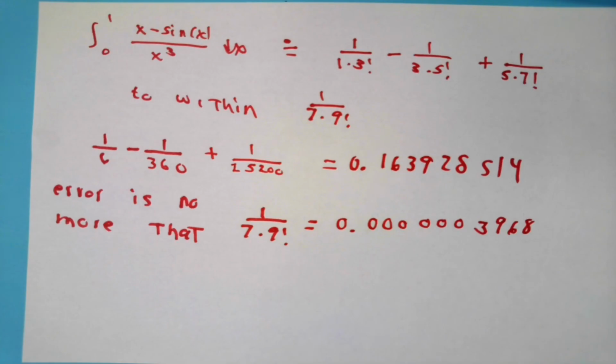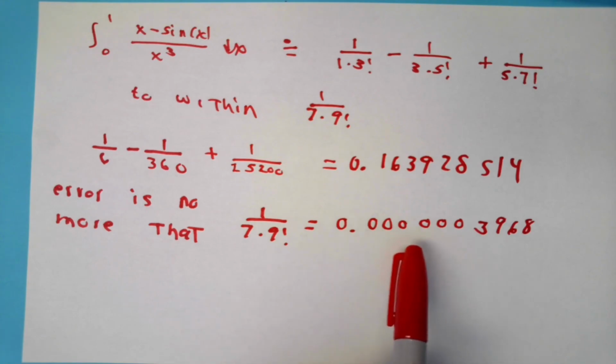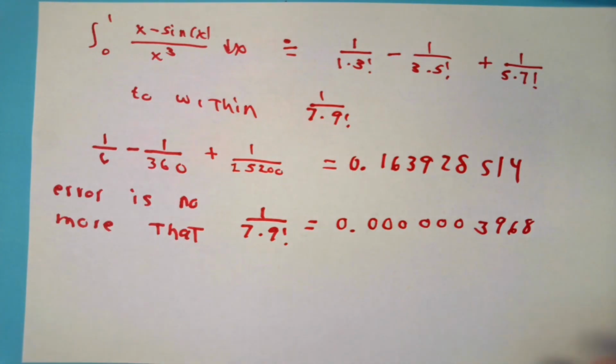Finally, using a calculator to do the arithmetic, the value of the integral is approximately equal to 0.163928514, and I know that the difference between that number that I just stated and the true value of the integral is no more than 1 over 7 times 9 factorial, which worked out to be 0.00000003968.